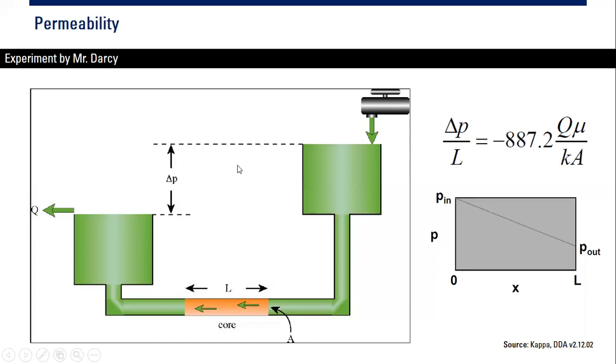Using this experiment, he obtained a linear pressure gradient. So P in is the input here, and P out is the output here, and P in minus P out gives delta P, and this is the length from 0 to L. So the total length is L, and he got this linear pressure gradient with this flow configuration, this linear flow.